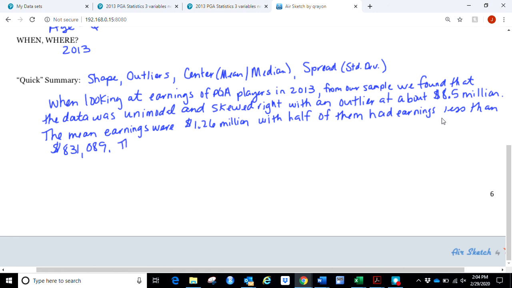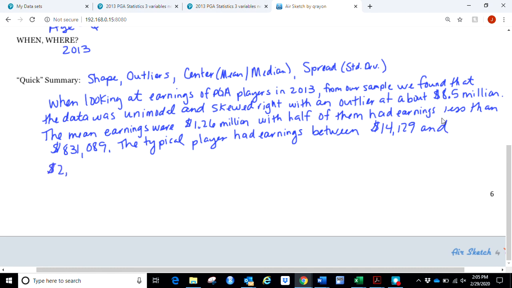Then finally, with our standard deviation, we can say that our typical player had earnings between $14,129 and $2,512,307.